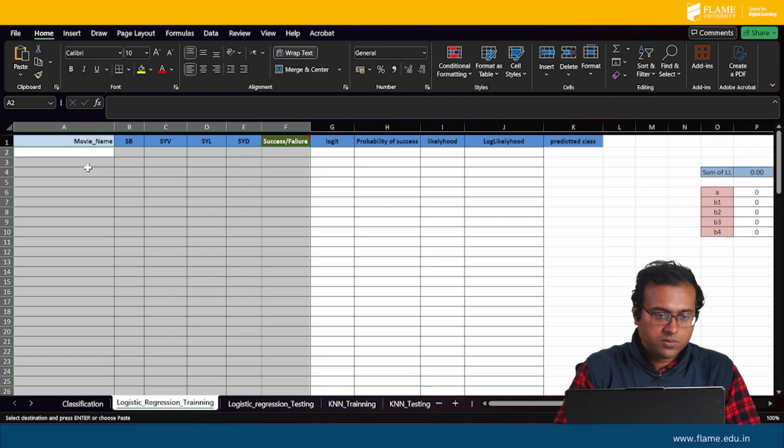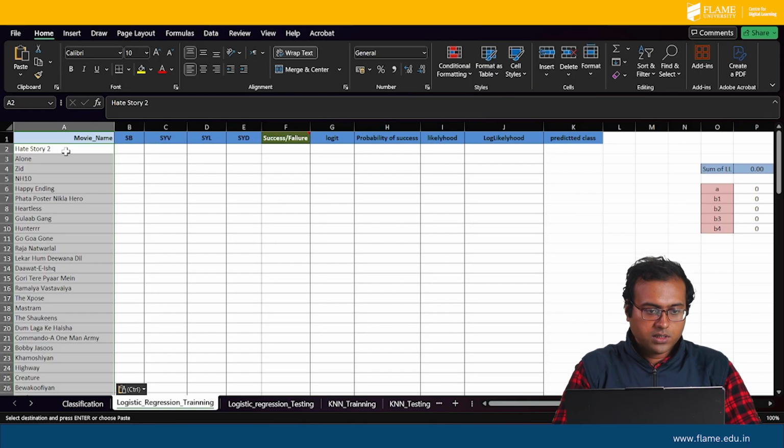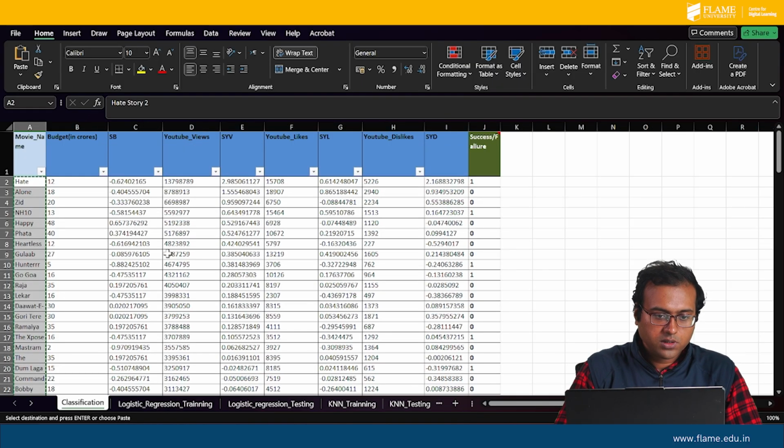These are the films which will be going for my testing, and we also have to put the standardized values of these numbers.